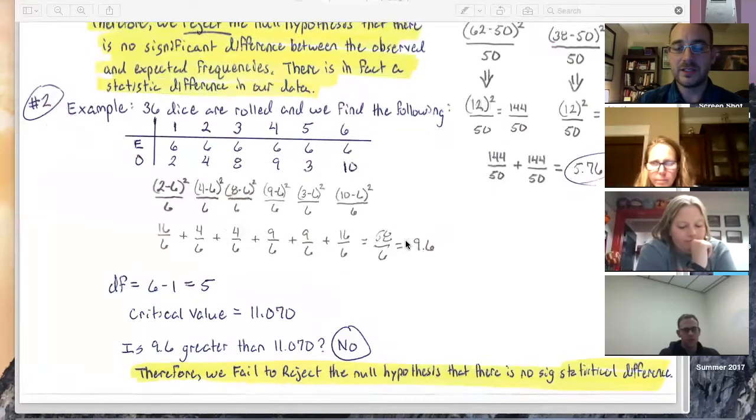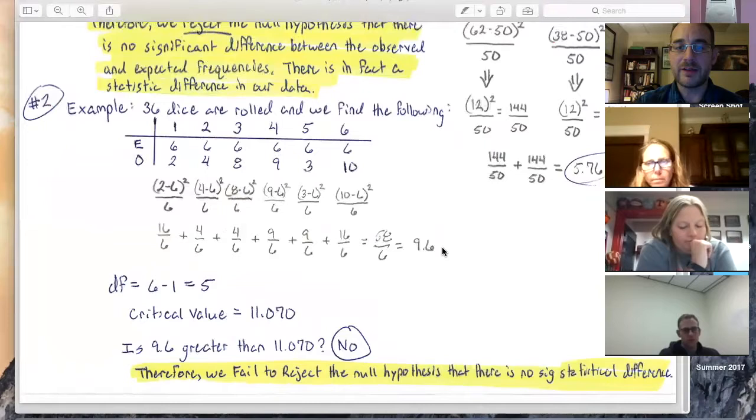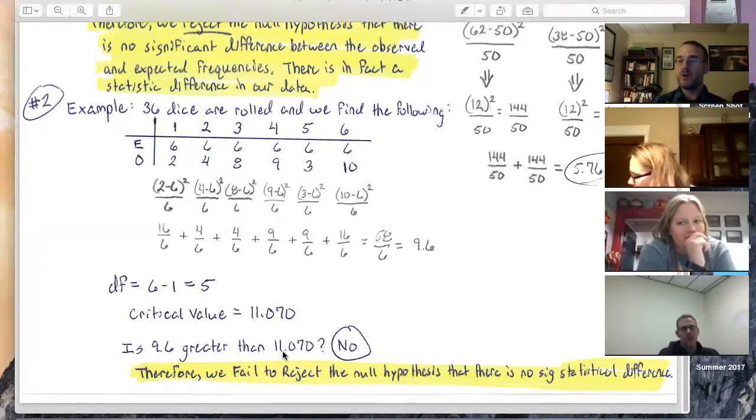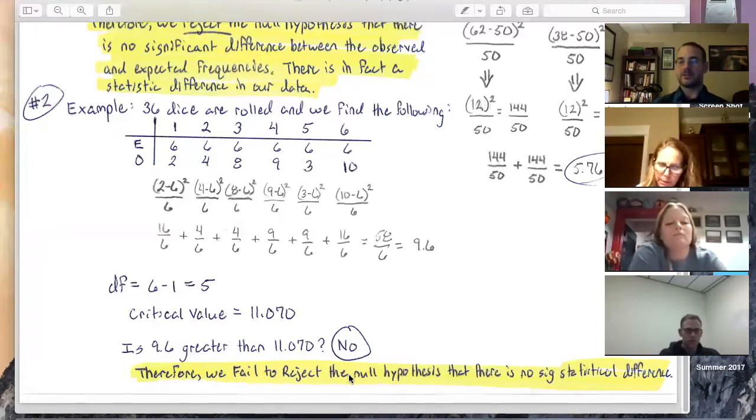So is our chi-square value here of 9.6 greater than 11.07? No. Since the answer is no, we fail to reject the null hypothesis that there is no significant difference.